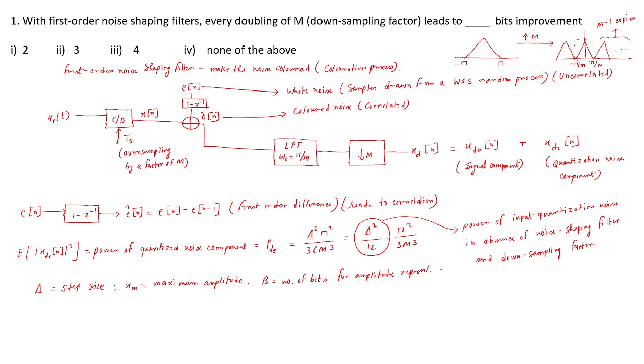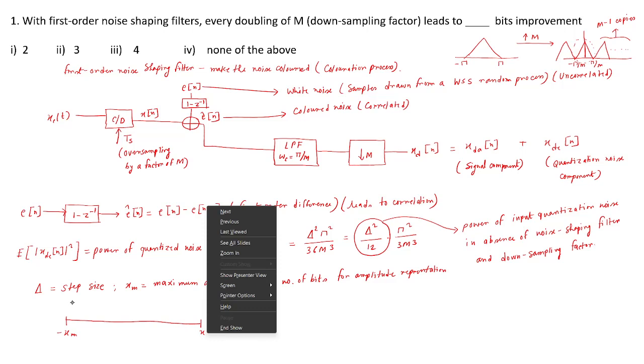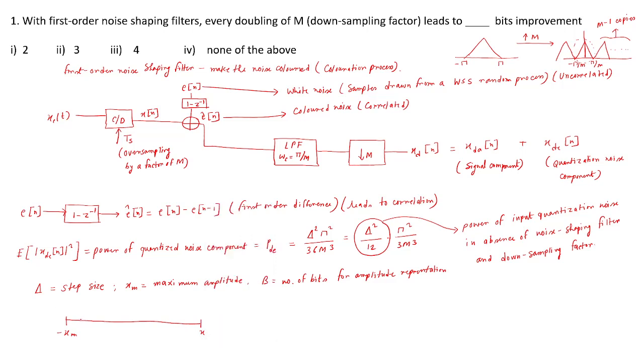I'll leave the topic as of now. Let me just briefly mention, suppose this is the range of your quantizer, which varies from minus X m to X m. You are dividing it into, of course, equal length levels, and the length of this particular step is what delta is, that is the step size.